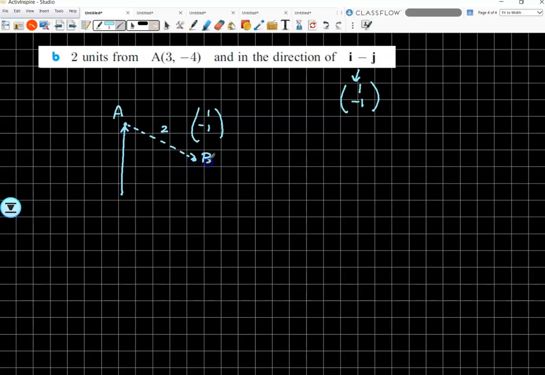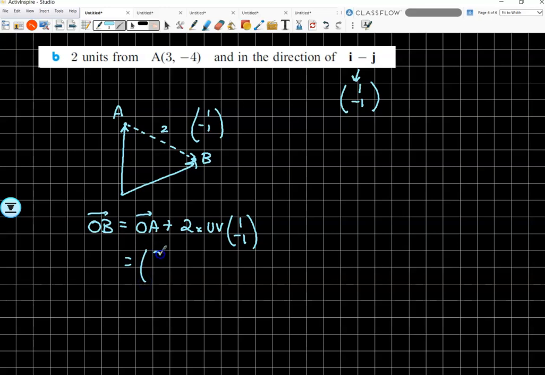This is meant to be B. Okay, so once again, OB will be OA plus 2 lots of the unit vector 1 minus 1.